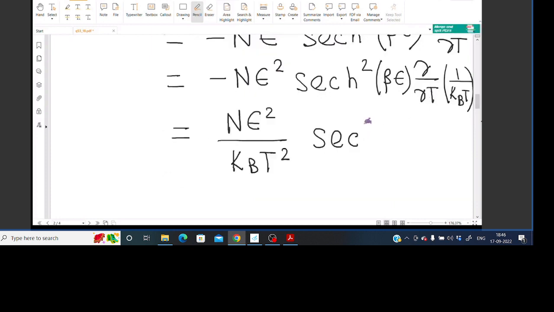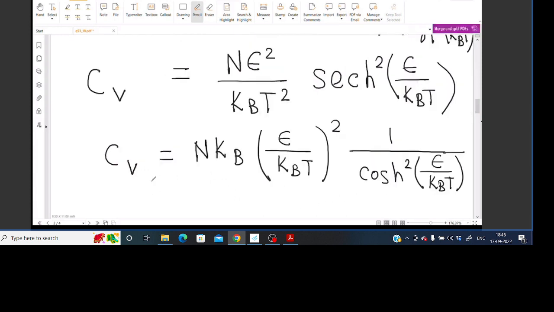So the differentiation of 1 by kBT with respect to temperature is minus 1 by kBT square. So the specific heat at constant volume is equal to n epsilon square by kBT square into sech square(epsilon by kBT). This can also be written as n kB into (epsilon by kBT) whole square into 1 by cosh square(epsilon by kBT).